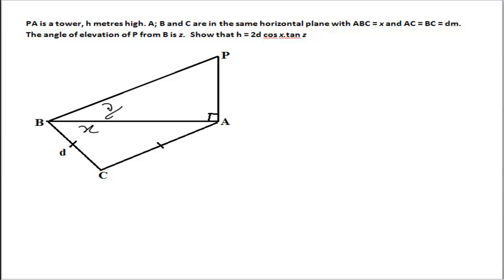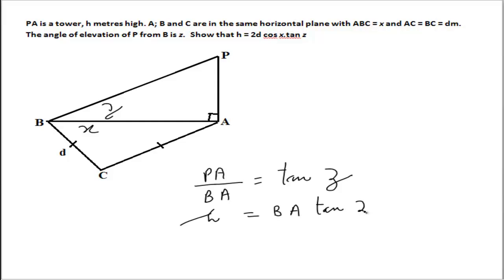So BA is common here, and we know that PA, which is the height, over BA is equal to tan Z. So PA, which is H, is equal to BA tan Z. Now we're going to take BA and look at it. We know this angle is x, so angle C is 180 minus 2x.